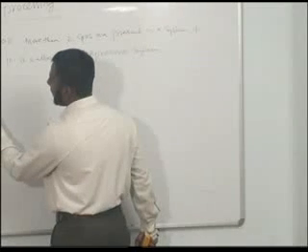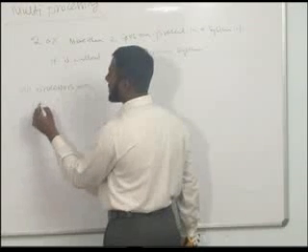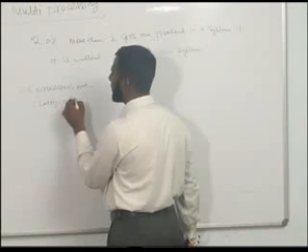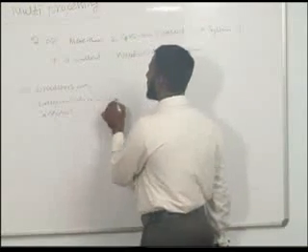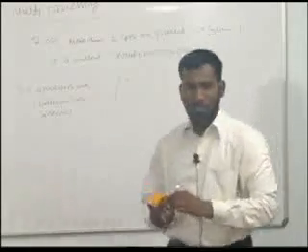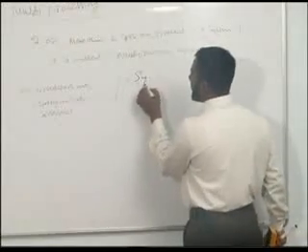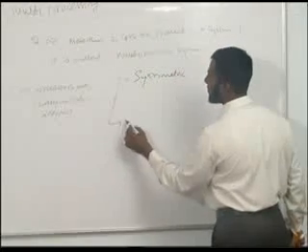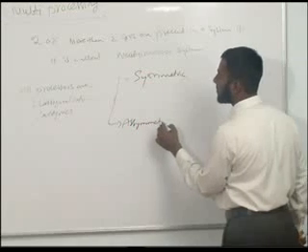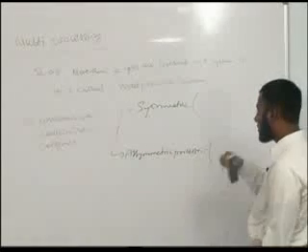So all processors are classified into the following categories: symmetric processor and asymmetric processor. What is the difference between a symmetric processor and an asymmetric processor?